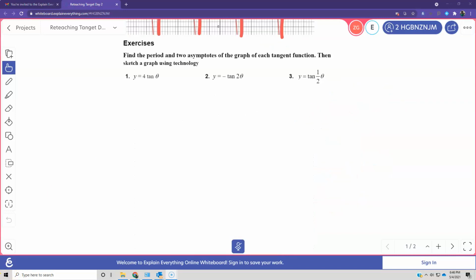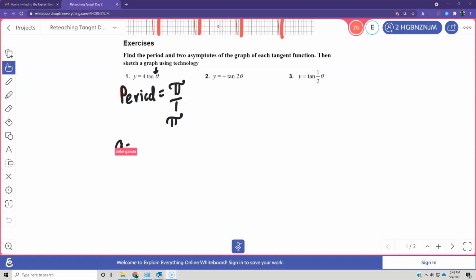So to find the period here, the period is equal to pi over the value that's here. So it's pi over 1, so the period is pi.